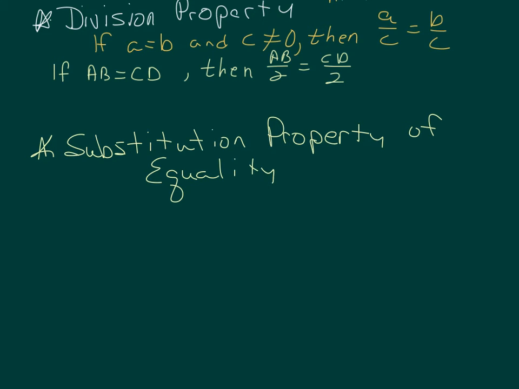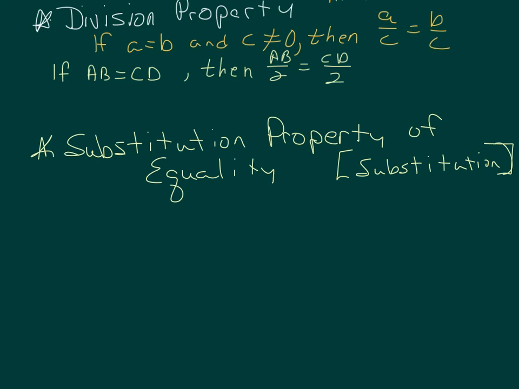When you're using this on a proof, you can just say substitution. You don't have to write out property of equality. But write out substitution, because if you just put SUB, I won't know whether you mean subtraction or substitution. So you can just put substitution when you use this property.